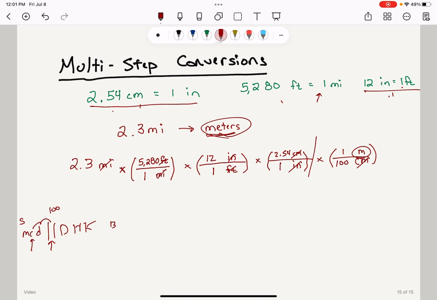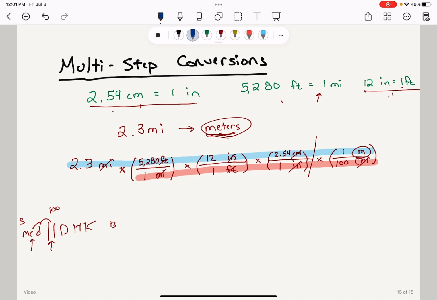Now how on earth do I solve this? Well, all you're going to do is multiply everything on top together. Okay? Then you're going to multiply everything on bottom together, like so. So in this case, I'm going to show you what the numerator generates.